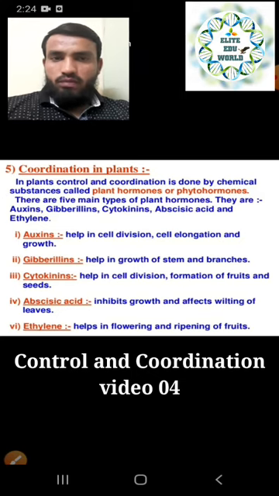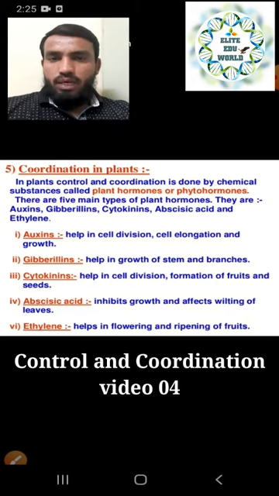You can also say phytohormones. Hormones we have already seen in our previous slides, that are released from the glands and mixed into the blood, and they control the activities in human beings and animals. But plants also have several kinds of hormones that control several things in the plant.